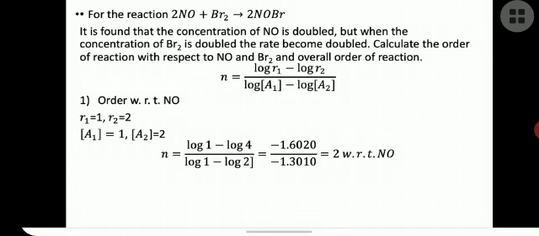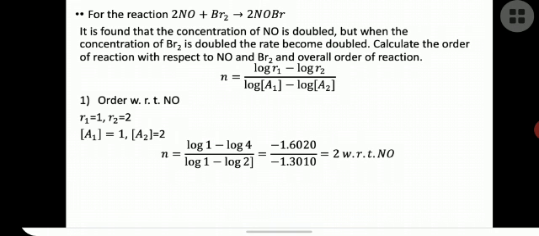Now, order of reaction n is equal to log of R1 minus log of R2 divided by log of A1 minus log of A2. Now, initially, we can calculate the order with respect to NO. In this case, R1 is equal to 1, R2 is equal to 2.